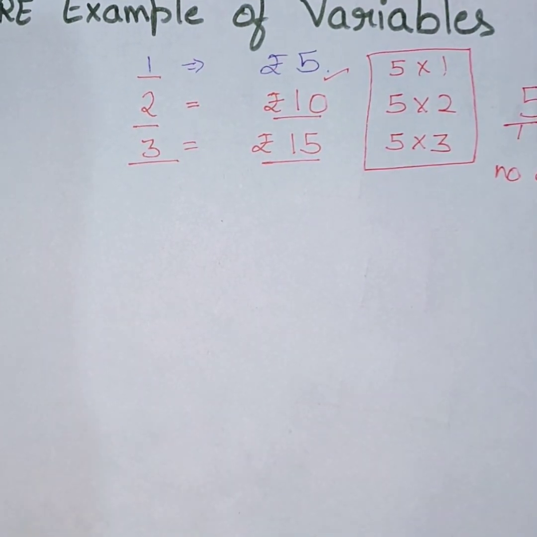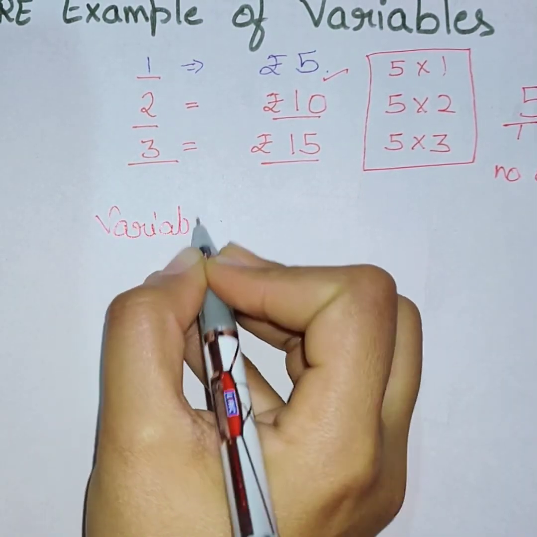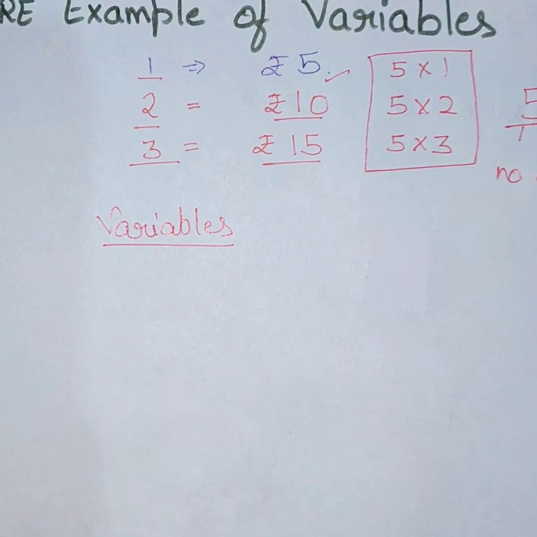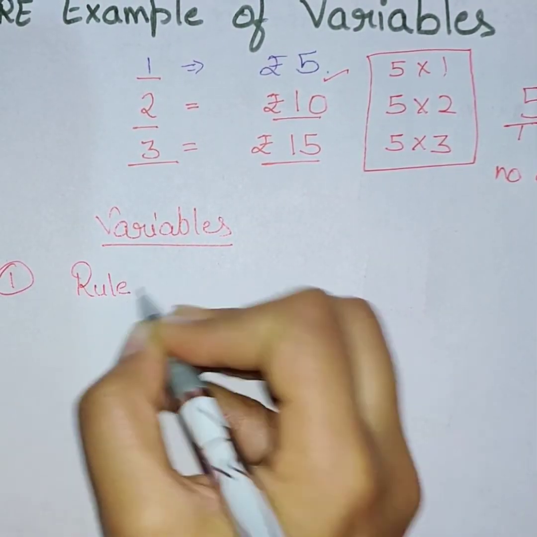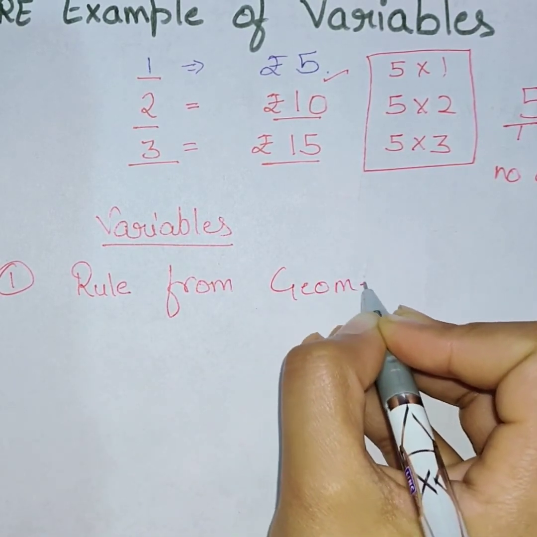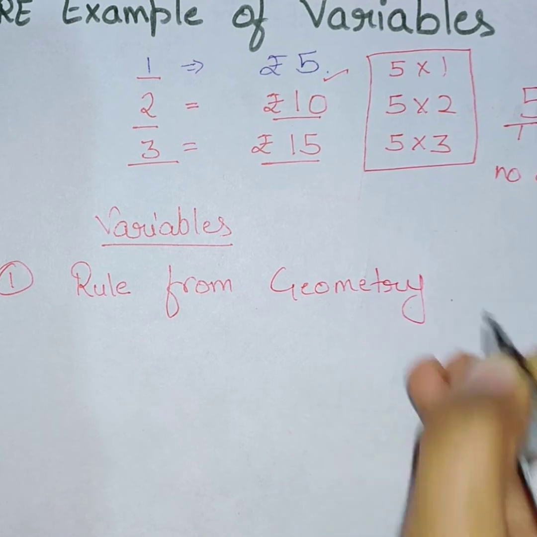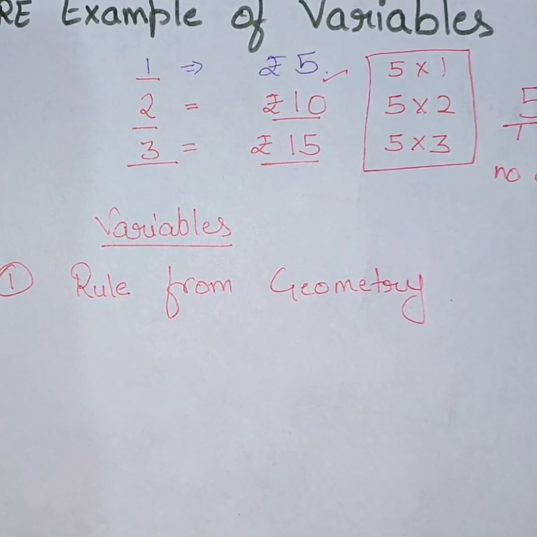Next, what can we do? We can use variables for common rules also, which we have studied earlier. So first, rules from geometry. The first one you have studied is the perimeter of a square.